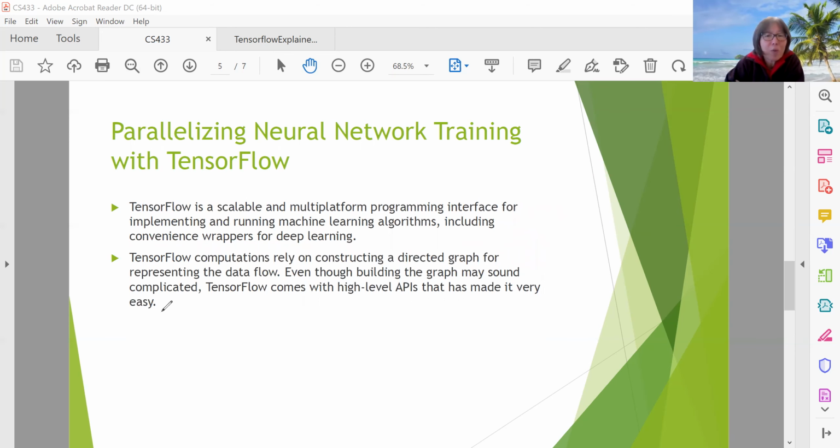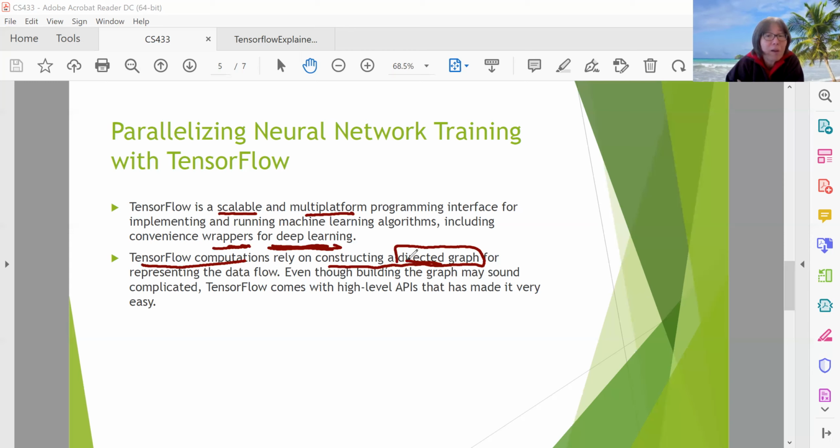So what is TensorFlow? It's scalable and multi-platform, for us to run machine learning, especially deep learning. Regarding deep learning, it uses some wrappers, which we will see later. TensorFlow computation relies on constructing a directed graph.